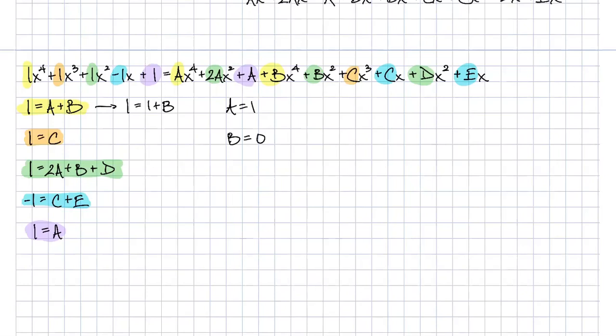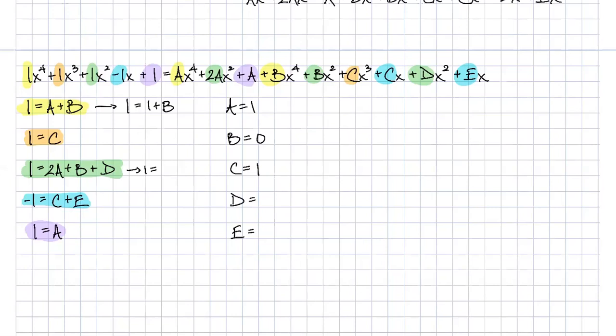So we have A, we have B, we have C. Oh, they gave that one to us as well. C equals 1. Can I find D at this point? Yeah, you could. Yeah, I could do this, right?